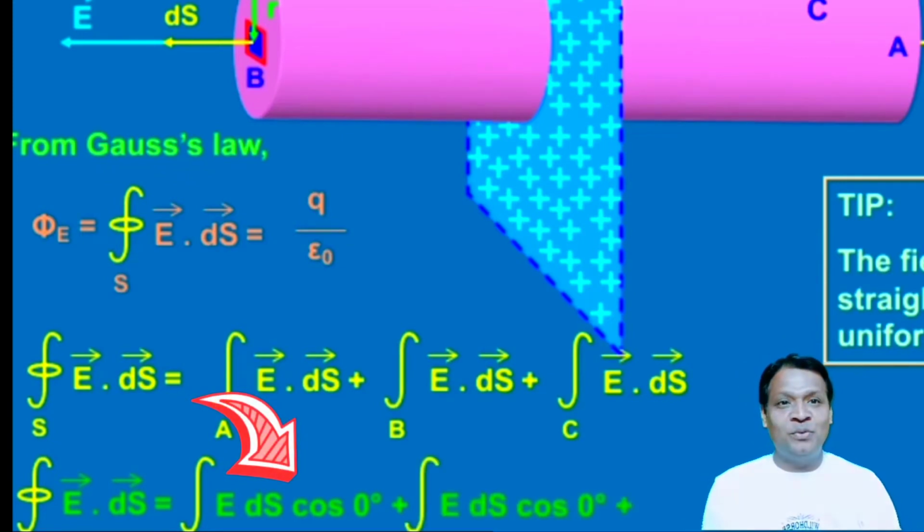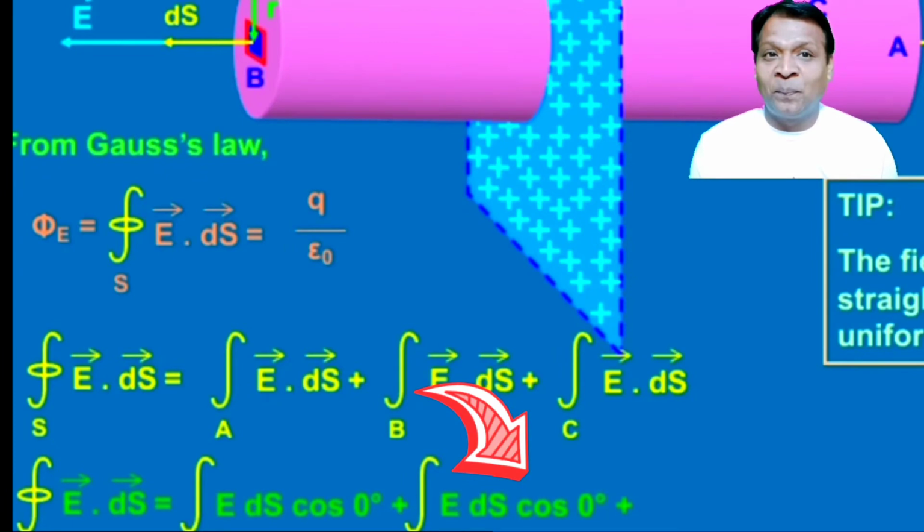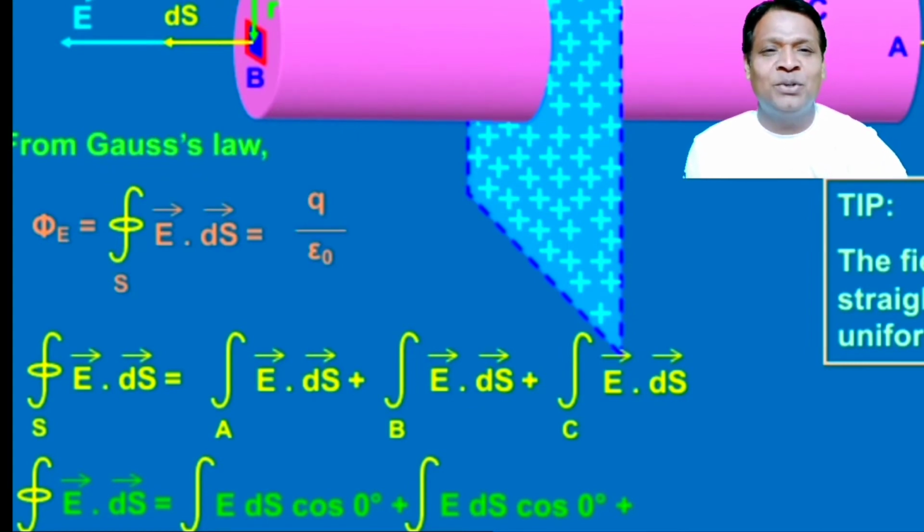Now the third one is very important. It will be E ds cos 90, and as you know cos 90 is 0, so the flux due to the curved part is 0, and the only contribution to the total flux is obtained from the flat parts, that is from A and B.